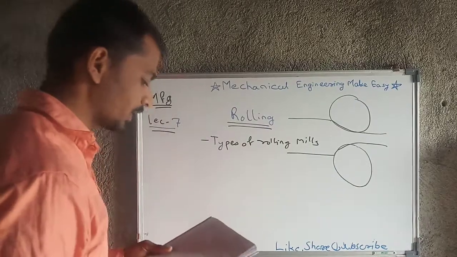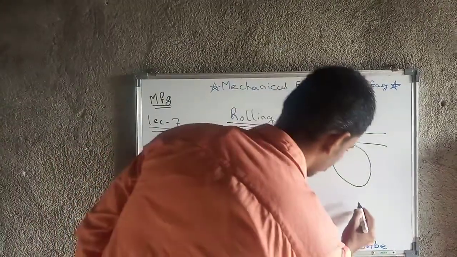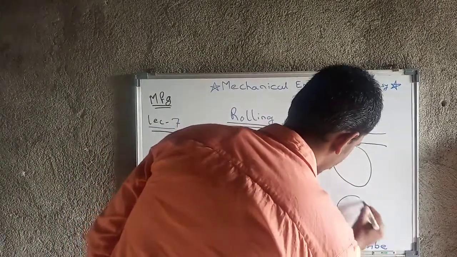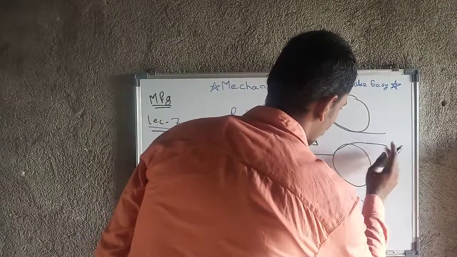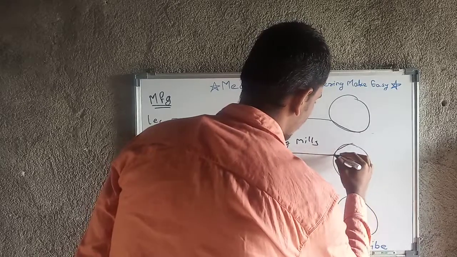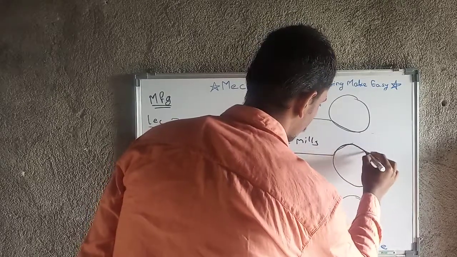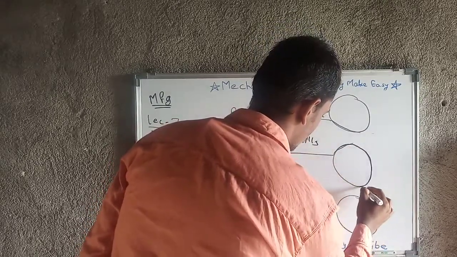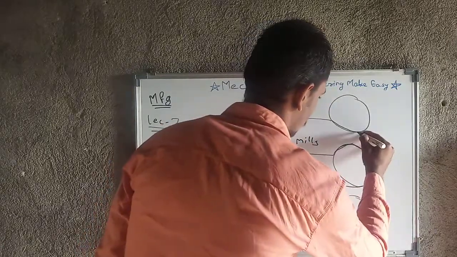Then next is the three high rolling mill. One roller we will place here, and this material will come from here downward and from here.